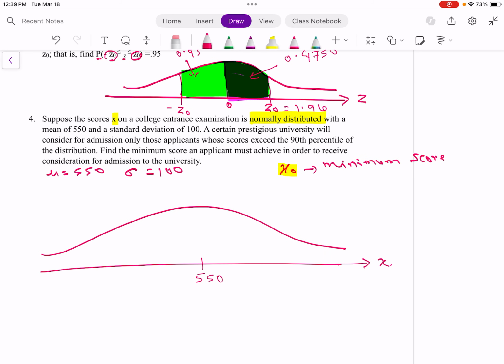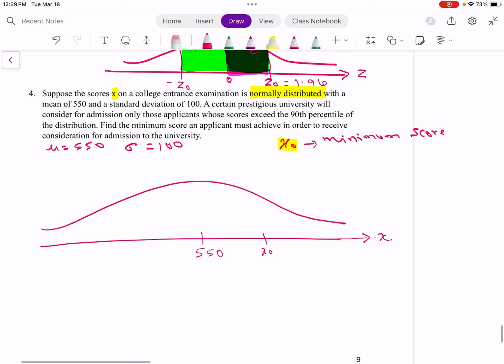So let's say our X naught is somewhere here. So from X naught below means everything on the left of X naught, right? So this is 90%, or let me just write 0.9. The total area is 0.9.